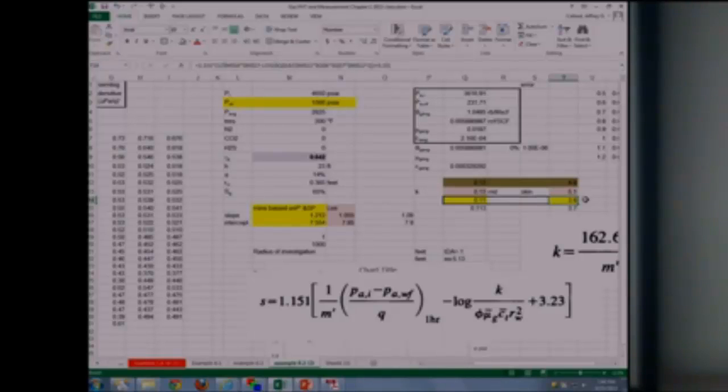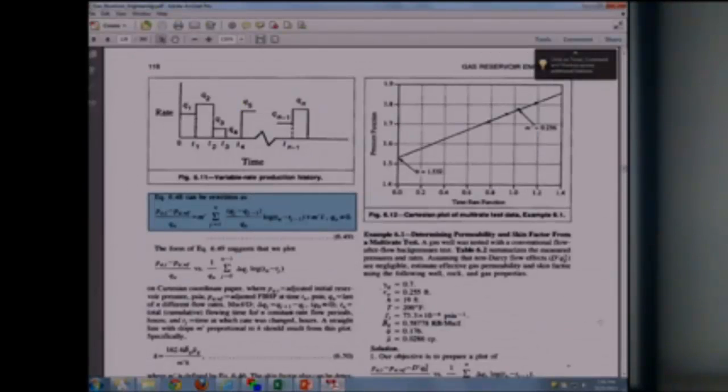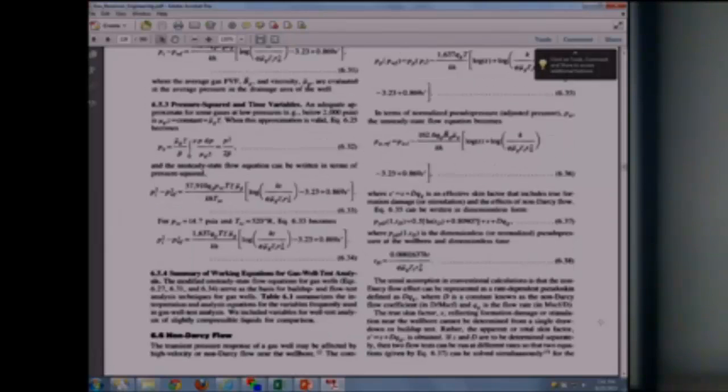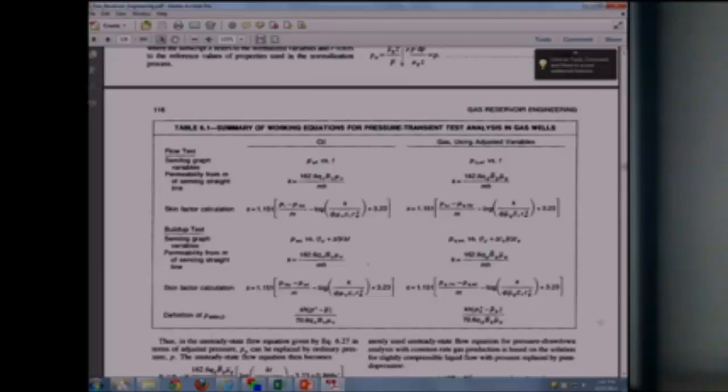Okay, the next thing I want to do is calculate the amount of reservoir I investigated. I don't think it's covered in our textbook prior to example 6.1 and 6.2. I think we have to jump down, or maybe it's up here. I take that back, there's our pseudo pressure.